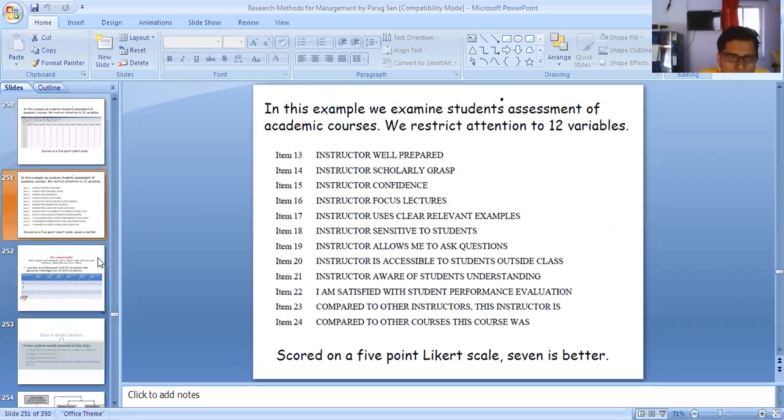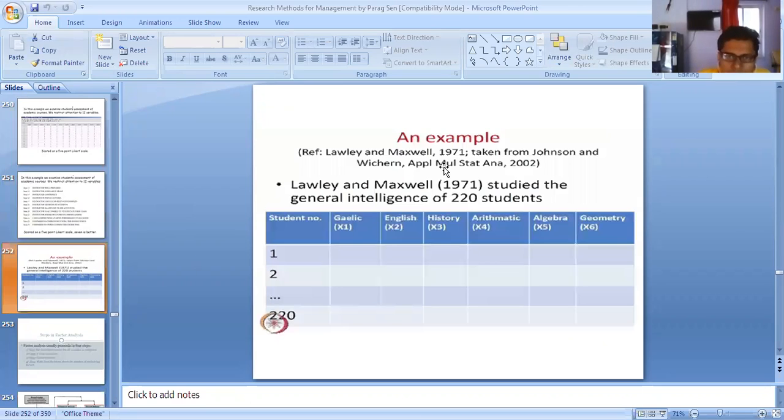Now take a look at another example. This example has been taken from Lawley and Maxwell. Okay, this is the interface. Here the general intelligence of 220 students is studied. Similarly, along the rows you are taking the scores of the students, and these are the variables: Gaelic language, English language, history, arithmetic, algebra, geometry.